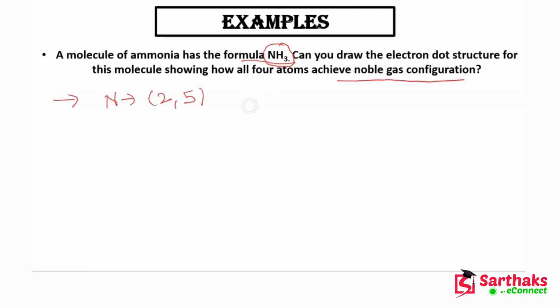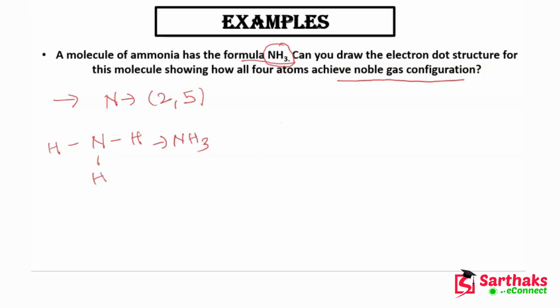So first of all, we will simply draw that this nitrogen is connected with this hydrogen, and with this hydrogen, and it becomes NH3, where these 3 hydrogens are connected with this nitrogen by a single bond. A single bond means there is a sharing of 1 pair of electrons.